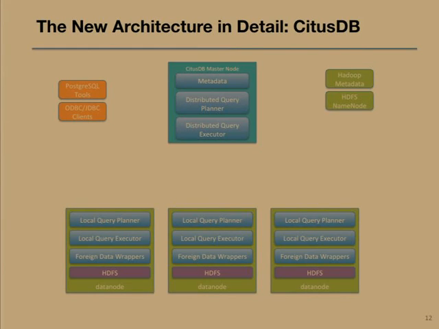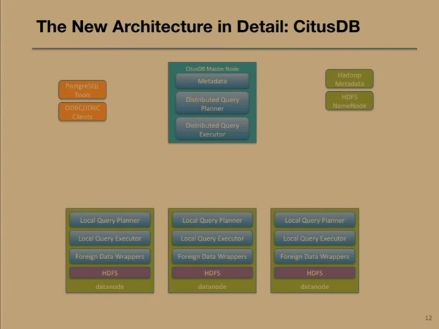And I think this is one of the really significant points: as far as a client or a user is concerned, CitusDB looks almost identical to PostgreSQL. So you can continue to use psql or the different tools that you're familiar with. The support for SQL is virtually the same. All of the same system tables are there and so on.